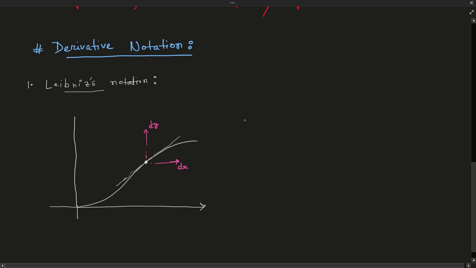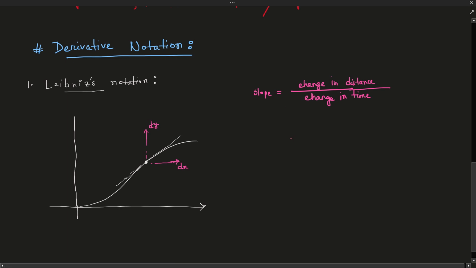So previously we learned that slope is basically change in distance by change in time.